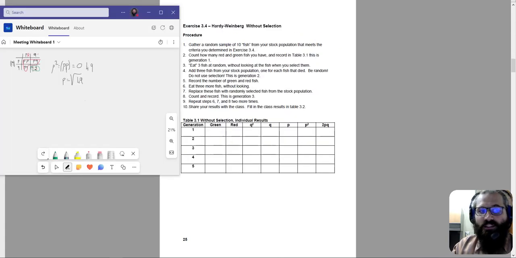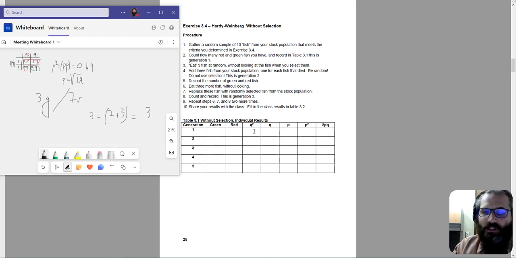So now that you have this and you know q squared is equal to the frequency of green individuals, the recessive phenotype in your population, if you had 3 green and 7 red out of the 10, you just need to do 3 divided by 7 plus 3, the total number of individuals, so 10, that's equal to 0.3.